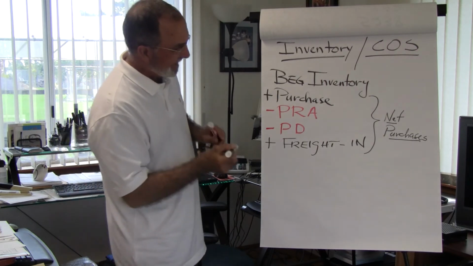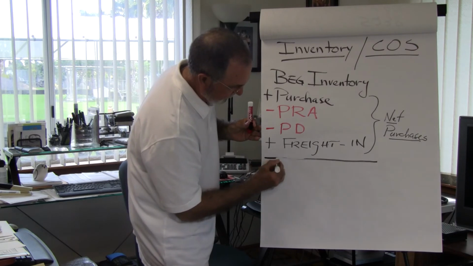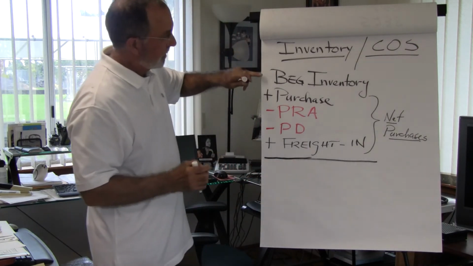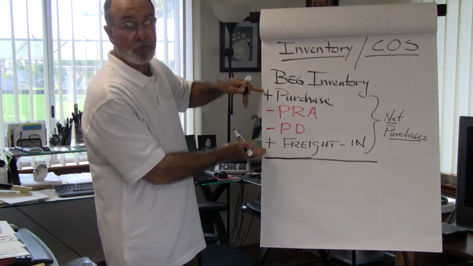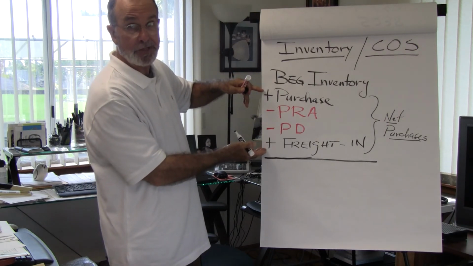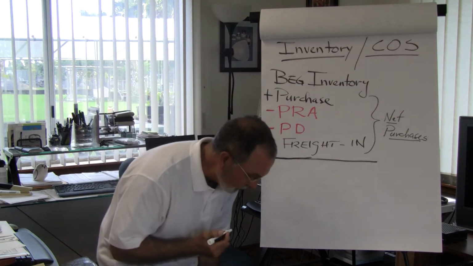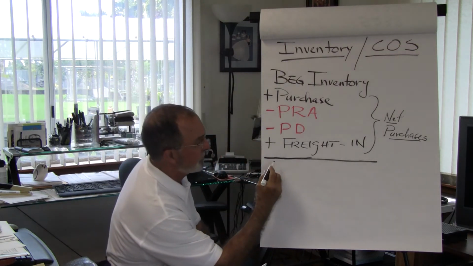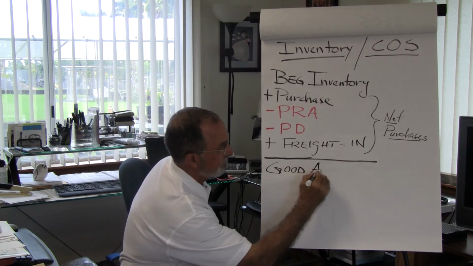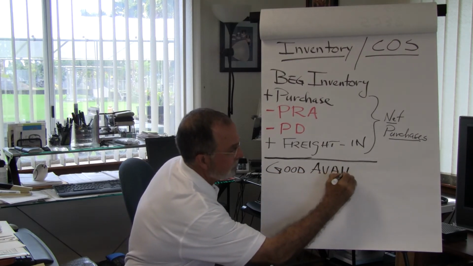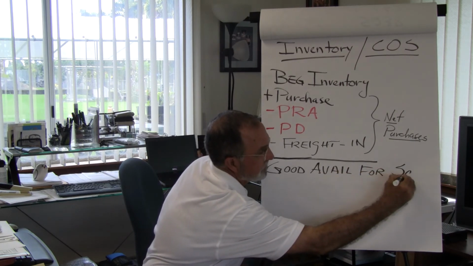Now if we add this up, if we took a total of what we started out the year with plus what we purchased during the year, that would give us a total that we would refer to as goods available for sale.